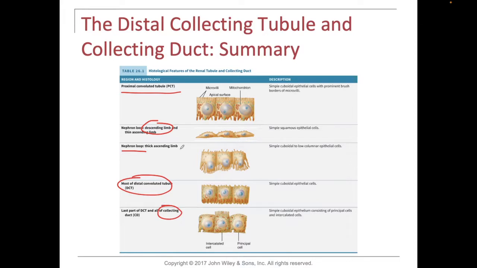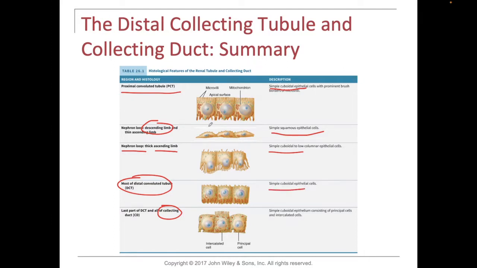All I want to show you is that we have different types of epithelium at different parts of the nephron. So you see in the PCT, there's simple cuboidal epithelium. In the loop of Henle, there's simple squamous cells. In the ascending limb of the loop, there's simple cuboidal. In the distal convoluted, simple cuboidal.